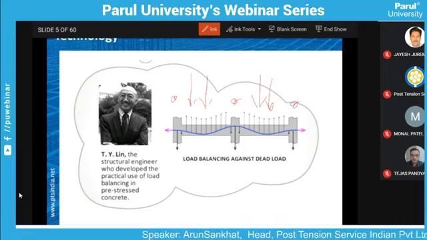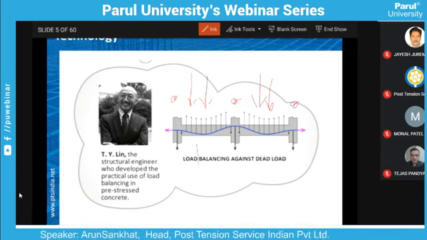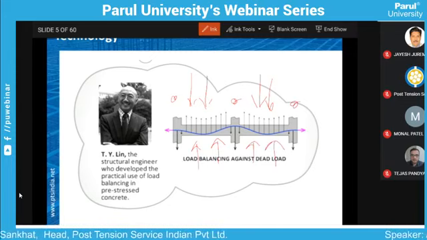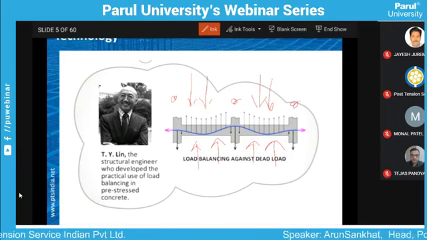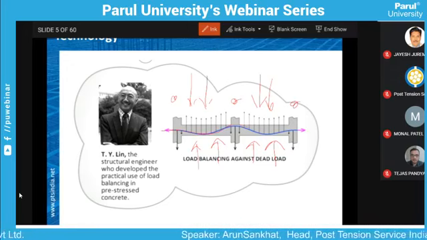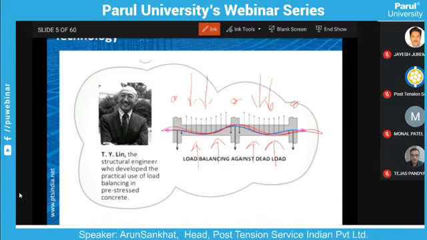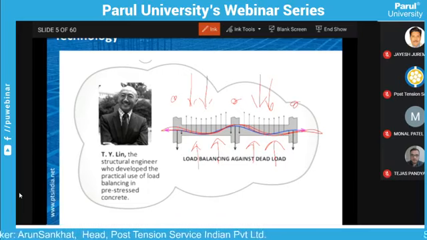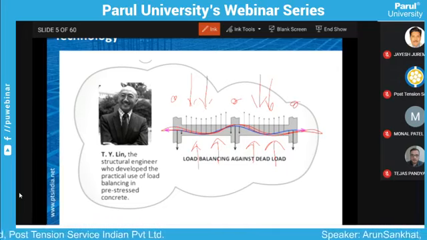So if we can nullify or balance these forces by having some kind of upward forces, that will minimize the effect of these forces. This is the profile of the cable which helps us generate load balancing forces, and that partially balances the gravity forces.